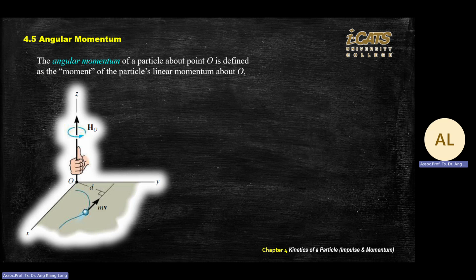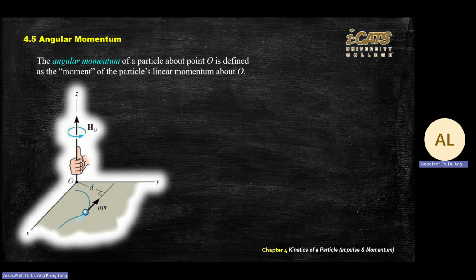For angular momentum, you take the force replaced by the momentum mv, and you take the cross product, momentum cross d. At 90 degrees, you get angular momentum, which is labeled as H sub O.